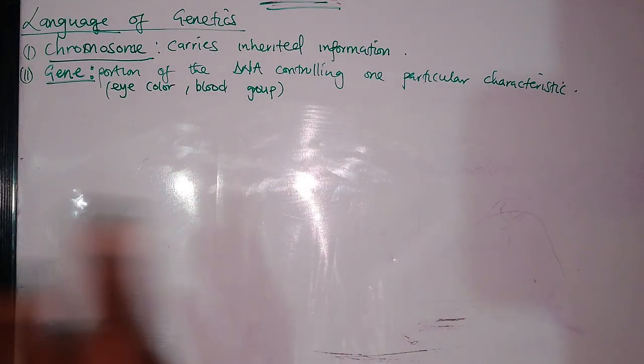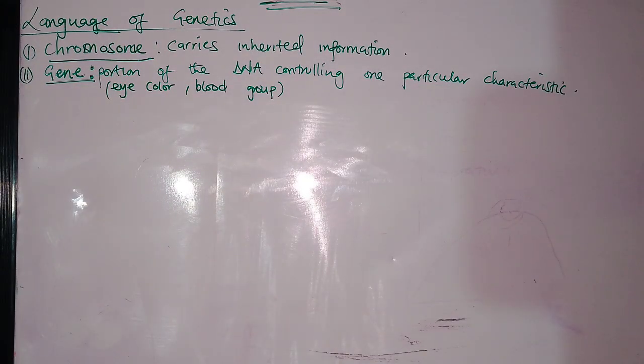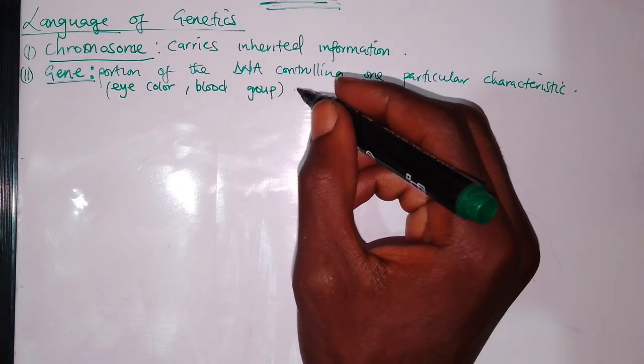But in some cases, like in continuous variation, a gene is controlling a lot of characteristics. That is known as polygenic.